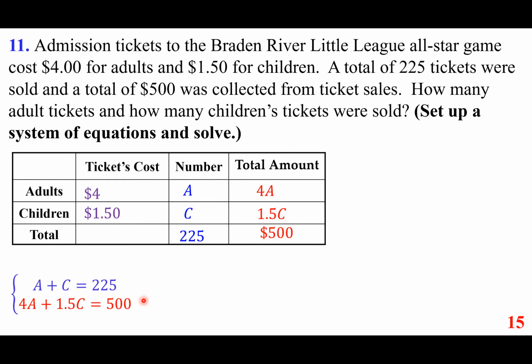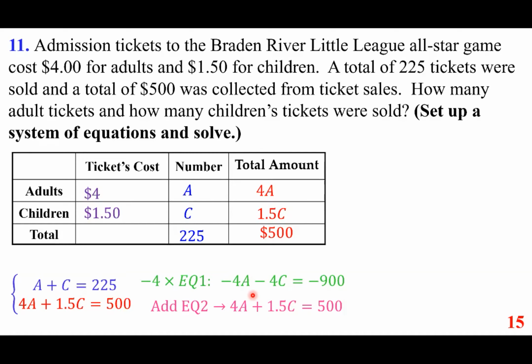Now, by any method. For example, if you multiply this one by -4, you get minus 4A minus 4C equals minus 900. And you just repeat the second one, you don't change anything. These two cancel each other. These two add up to negative 2.5C.